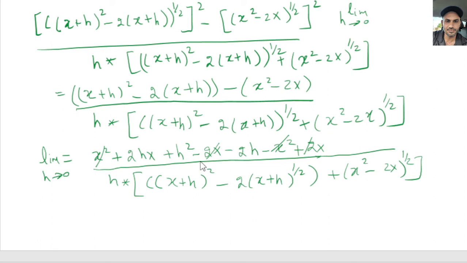So I'm going to go to the next slide to solve this one. So give me a second. Just want to make sure we don't make any mistake. Okay. So we go ahead and start here. Limit as h goes to 0.